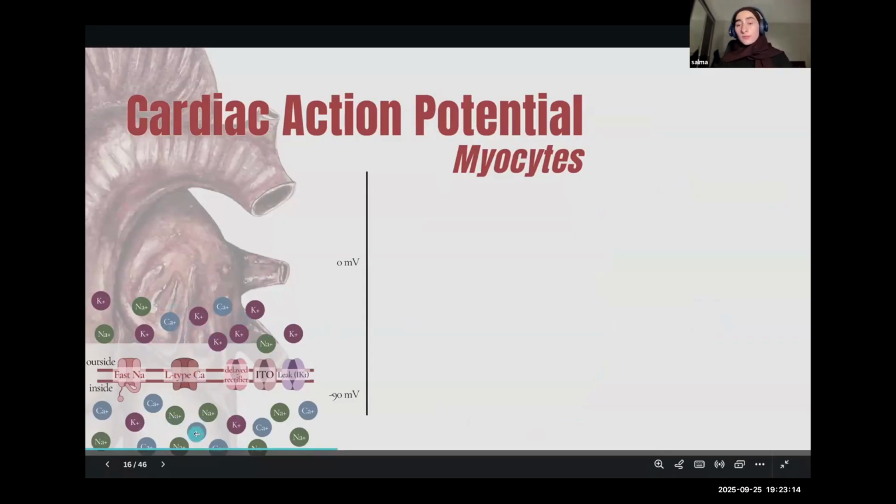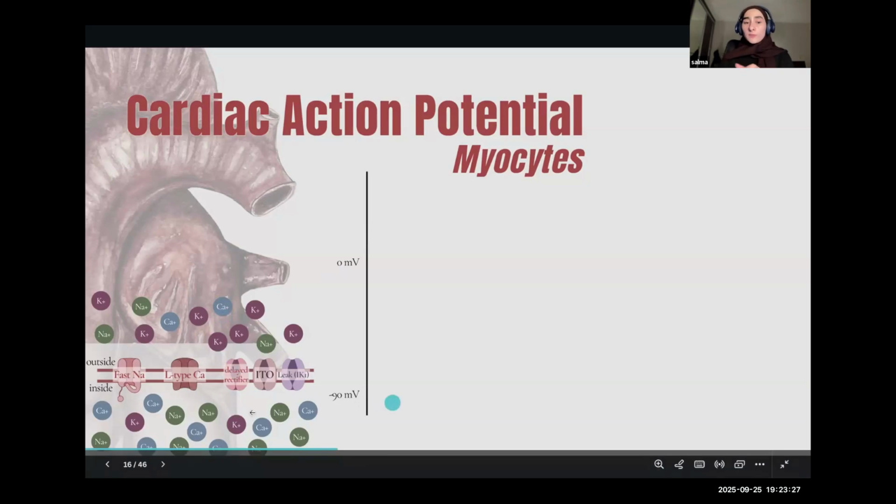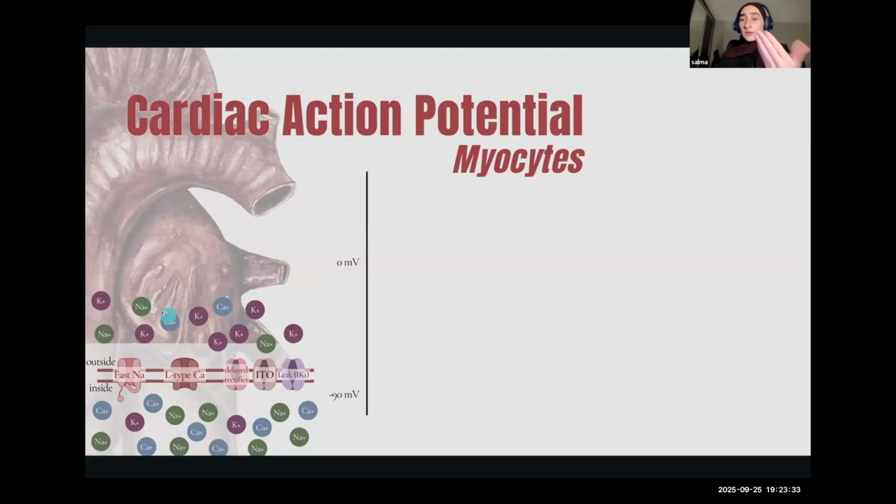You have more sodium and more calcium inside the cell than outside. Membrane potential is basically a relative difference between the outside and the inside. If you have more positive ions inside the cell than outside, then that's a positive membrane potential. If you have more positive ions outside than inside, then that's a negative membrane potential.